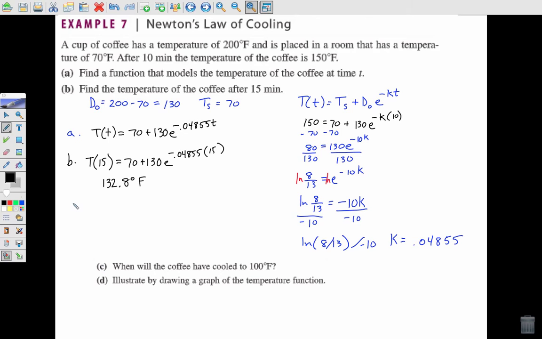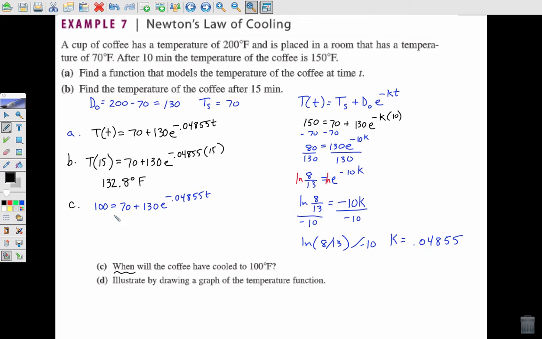Now for part C, when will the coffee have cooled to 100 degrees? Whenever you're looking for when, that's going to be an exponential equation. So it's just going to be a little more work to solve for t. I put 100 in for my temperature, and I keep everything else the same.